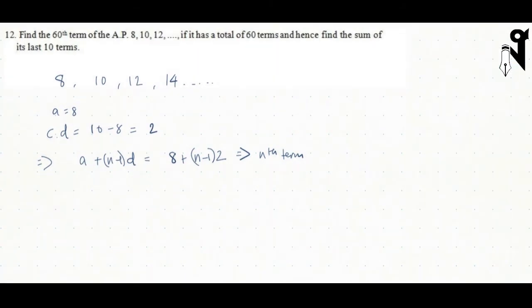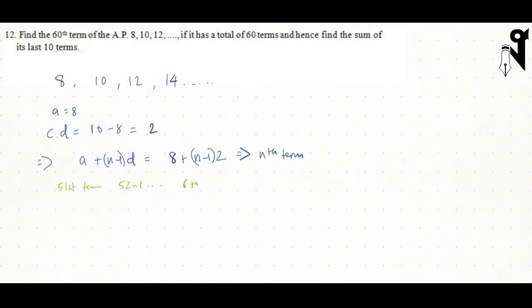Okay, so I've determined its nth term. The series has a total of 60 terms, and I need to find out the sum of the last 10 terms. So the last 10 terms will be starting from the 51st term, then 52nd, and so on till the 60th. So first of all, there are multiple ways of doing this problem.